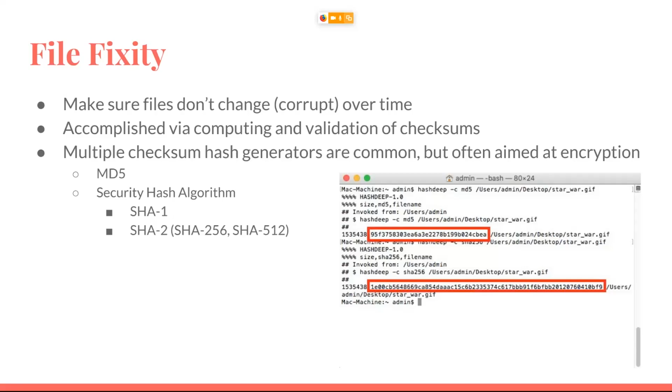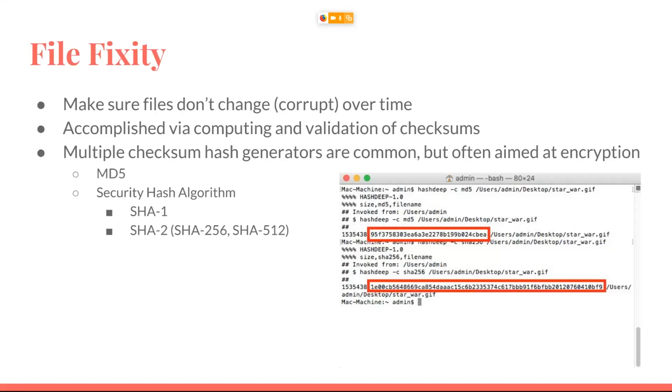It's a mathematical equation. And if you run that algorithm on a file, any file, which is just a long string of ones and zeros in the digital sense, it will come back with a hash, a string. It's a combination of numbers and letters that seems random, but is actually based specifically on that string of ones and zeros, on that file that you gave to the algorithm.